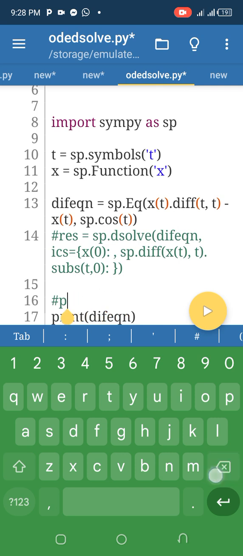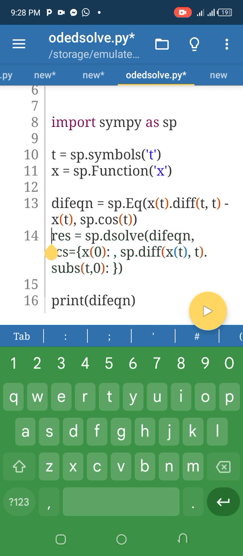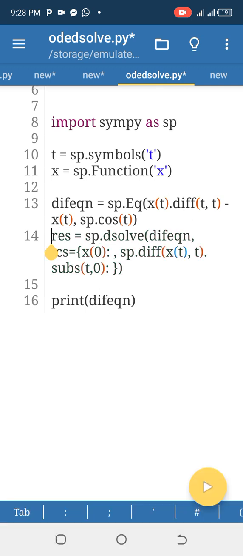Now we want to define the result of the solution. Using the dsolve function, we want to have that differential equation solved given the initial conditions. Now we are going to use initial conditions, ICS, and this is going to be a dictionary that has a key and a value.